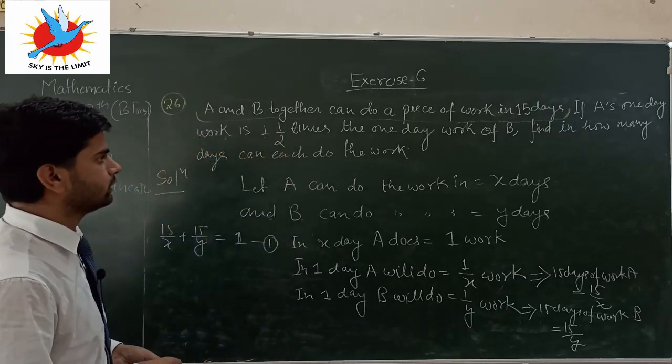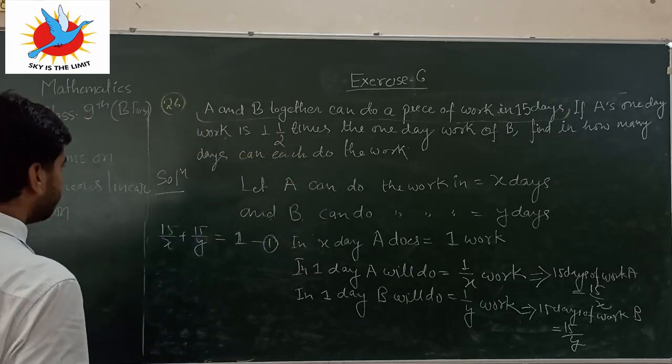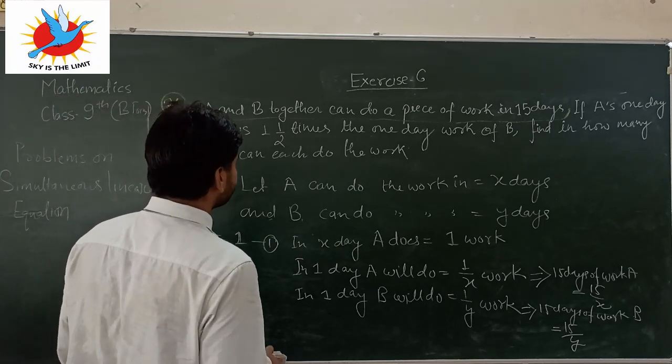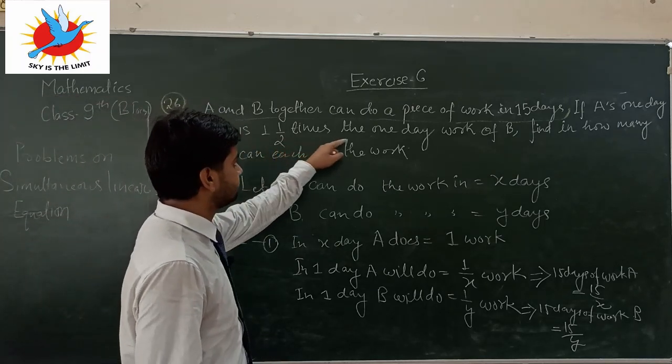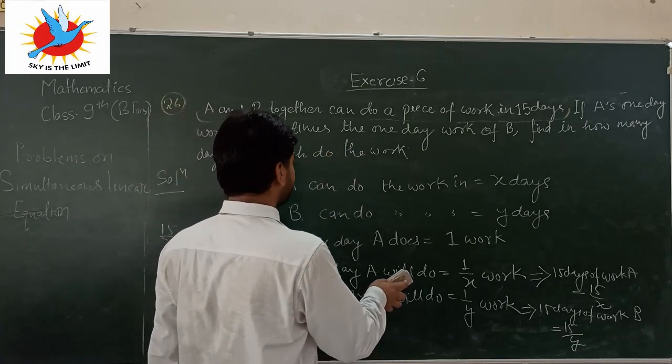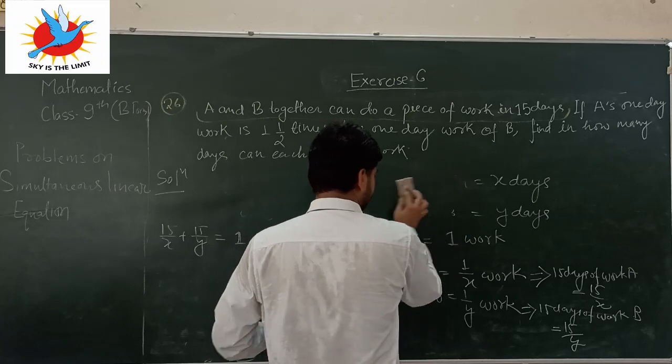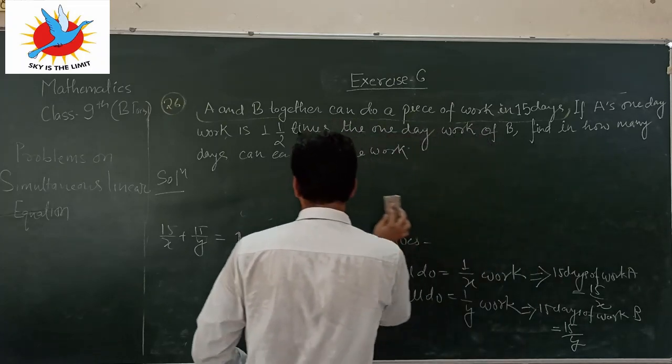Now condition 2 is: A's 1 day work is 1.5 times the 1 day work of B. So we are going to translate condition 2 into an algebraic expression.